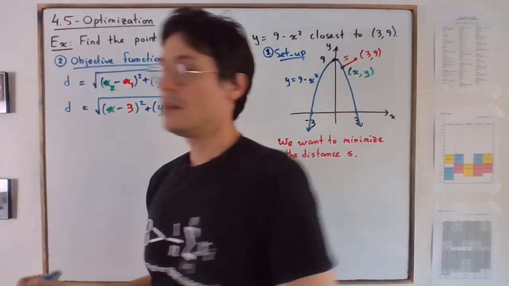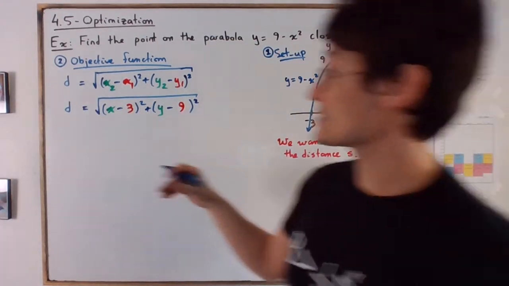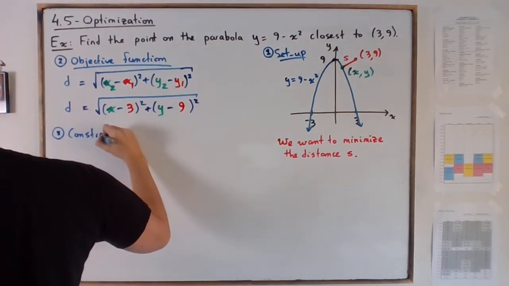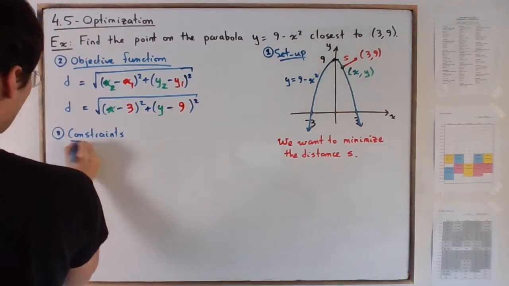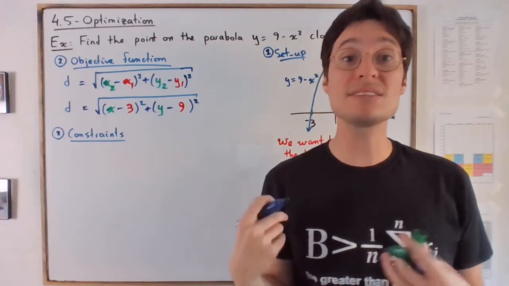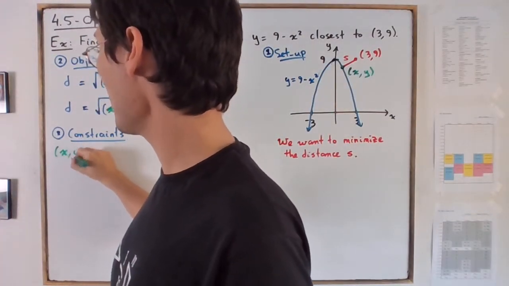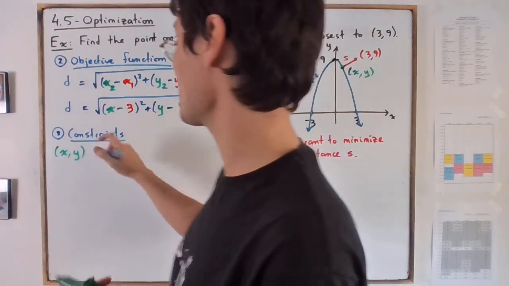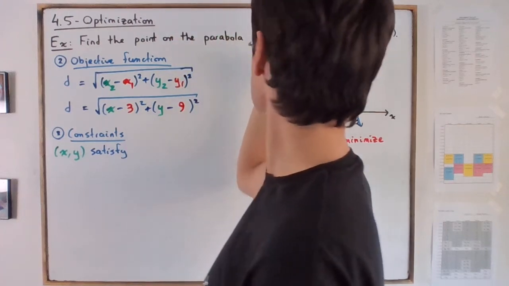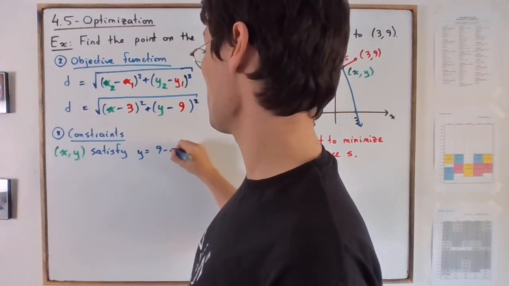Now, step number 3 is to use the constraints. And here there's a single one. The constraint is that the point (x, y) must lie on the parabola. This means that (x, y) satisfies the equation that's over here, so y is equal to 9 minus x squared.